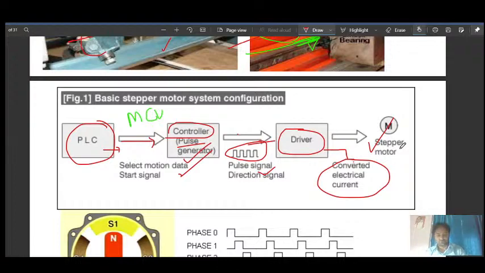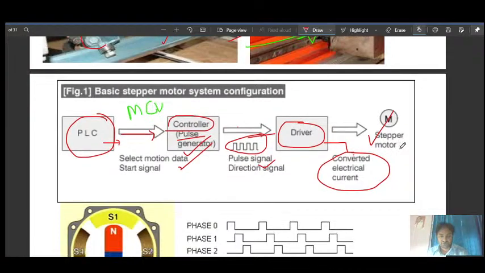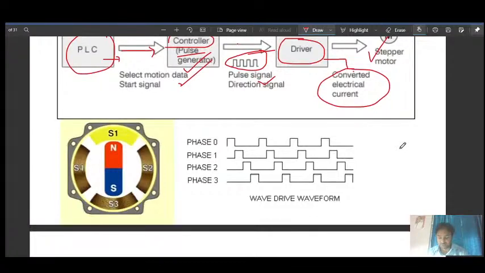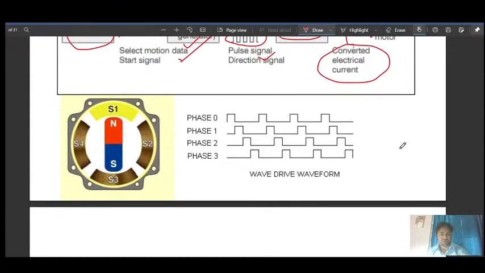So now we need to see how the pulses are used to drive. Again we have this stepper motor. As you can see, this motor will rotate in 4 steps.